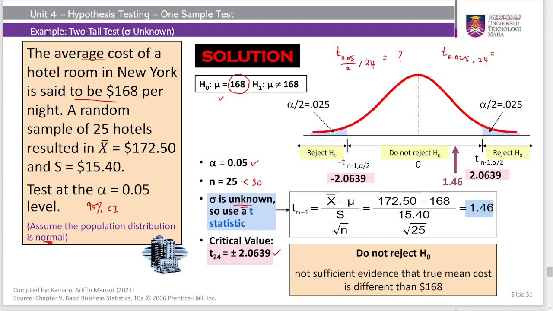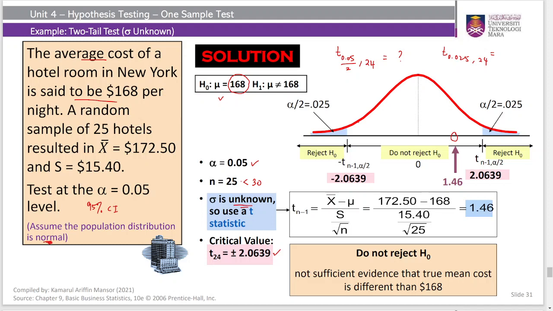In this situation, you can see that the value is 1.46, so it will be somewhere around here, right? So this is in the non-rejection region. So you do not reject the null hypothesis.